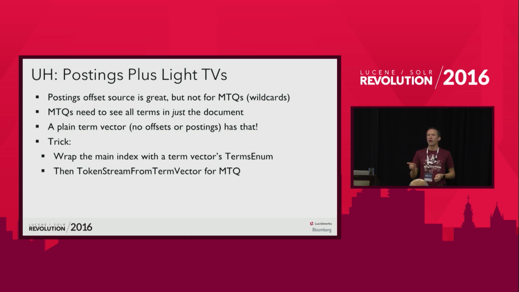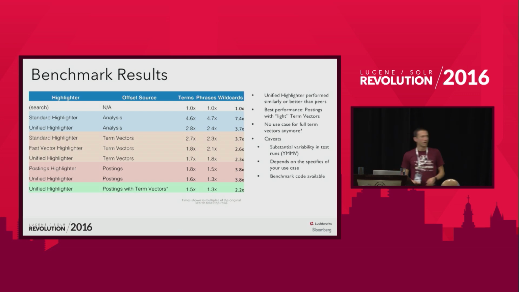But the moment we see a wildcard query, we switch to this offset mode where we take the term vector and we basically filter the main index with the term vector on top of it. There are some benchmarks coming up for that. And we're able to reuse a bunch of code we've already done in the process of developing this. So this is sort of a new hybrid offset mode. So benchmarks, I'm really happy about how this turned out.